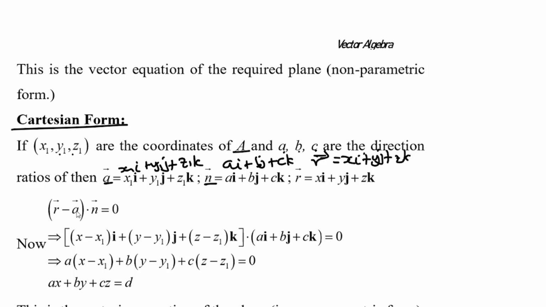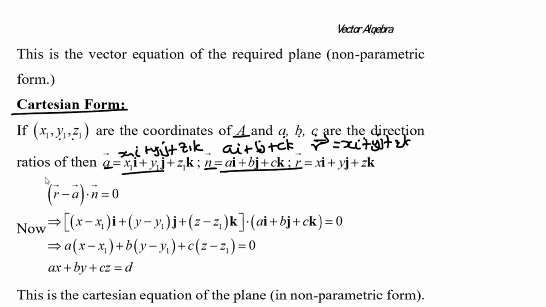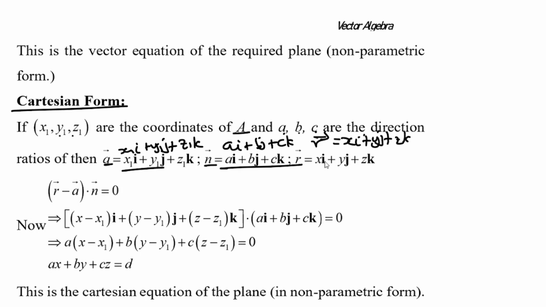Since we've already established that (r minus a) dot N equals 0, when we substitute the components, for r to be x i plus y j plus z k, we just put that here.